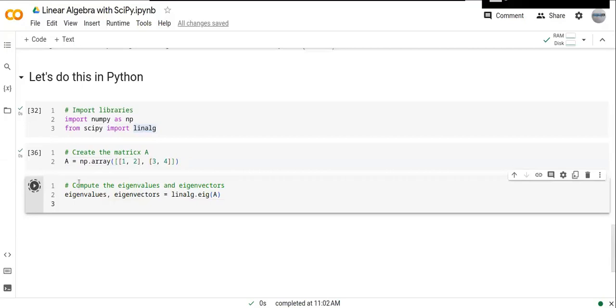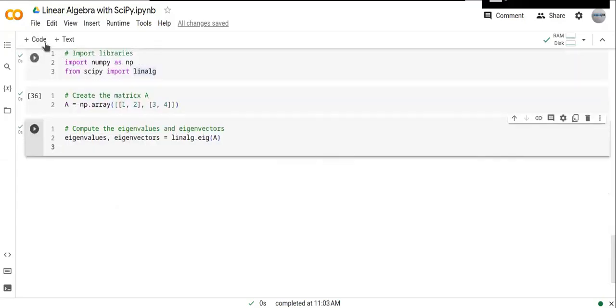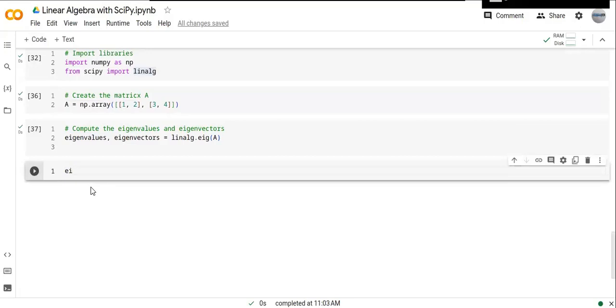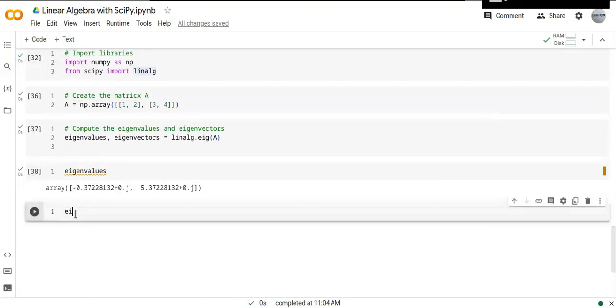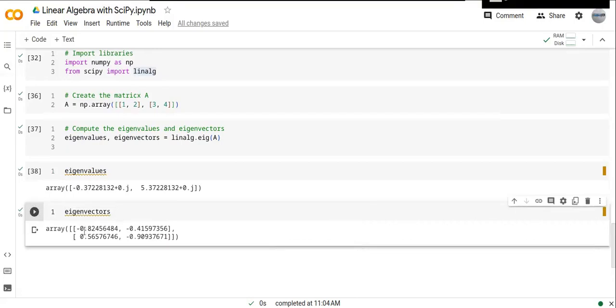Once we have done this, let's see the eigenvalues of matrix A. Yeah, the eigenvalues of matrix A are this, and the eigenvectors of matrix A are also this. So we can solve eigenvectors and eigenvalues of any given matrix using the SciPy library in Python.